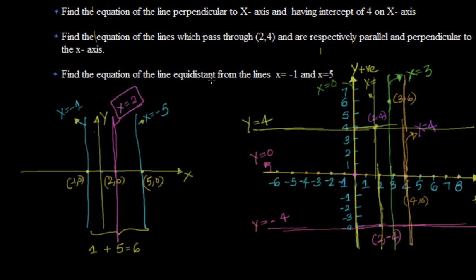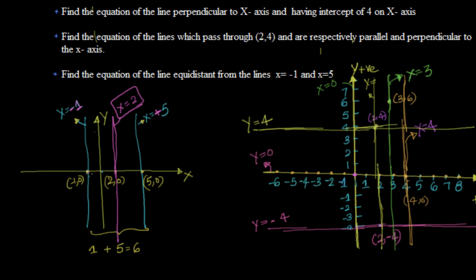So the equation of the line equidistant from x equal to minus 1 and x equal to 5: we know that if it is passing through minus 1, x is fixed at minus 1. So on the x-axis, you can take the point (minus 1, 0). Similarly, for x equal to 5, it is (5, 0).